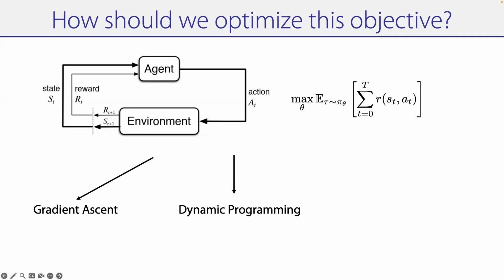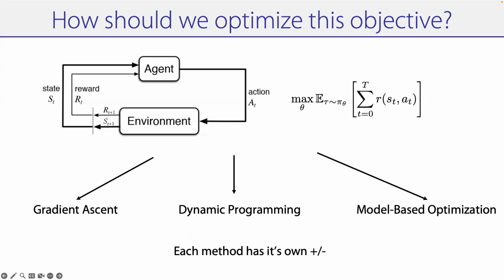But the three types of approaches we're going to cover are gradient descent, dynamic programming, and model-based optimization. The easiest one is gradient descent. Each of them has its own pros and cons. Gradient descent is great because it usually converges to the best solution, but it's slow and takes a ton of samples, so you don't want to put it on robots.